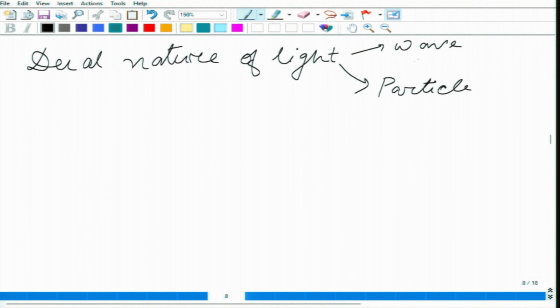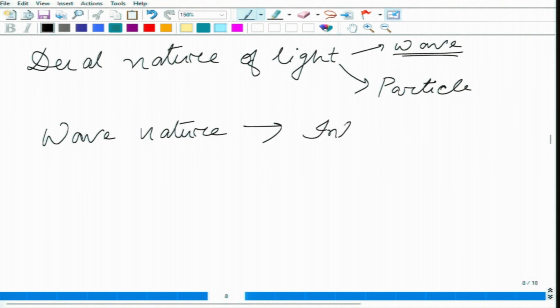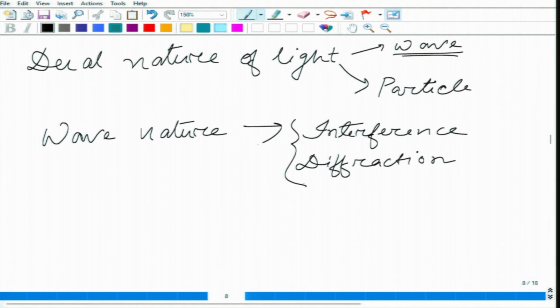So what were the conditions in which wave nature is observed? Wave nature is observed in some phenomena like the interference and diffraction. All these properties were explained by the wave nature of light.